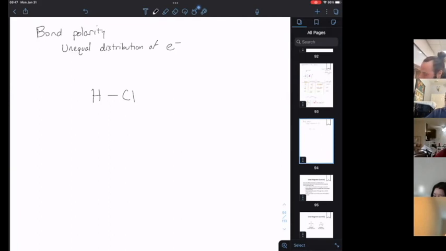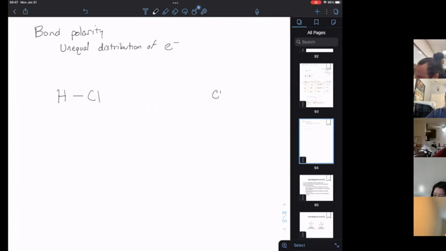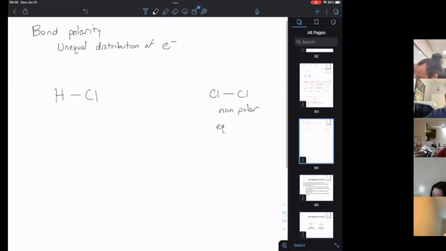So if we have something like a chlorine-chlorine single bond, this is what we call non-polar because the distribution is perfectly equal. So equal electron distribution. If I pictured the electrons in this molecule, it would be like this perfect little nugget, a perfect little oval where those electrons are all very equally distributed.